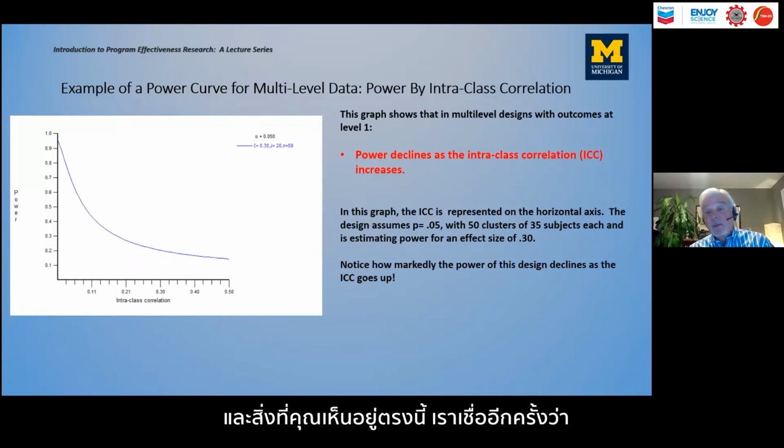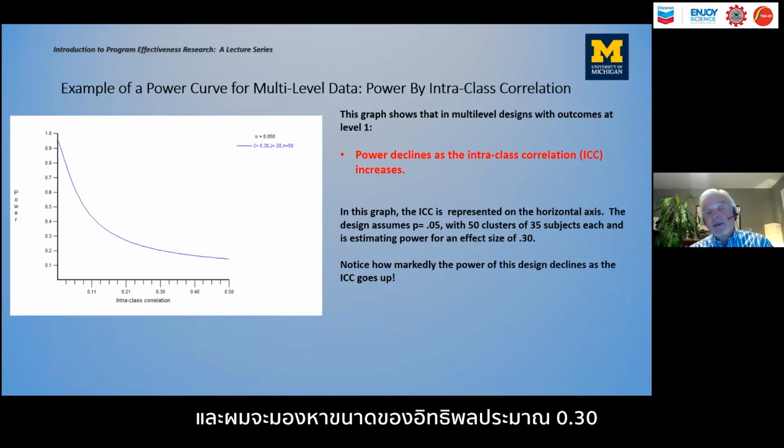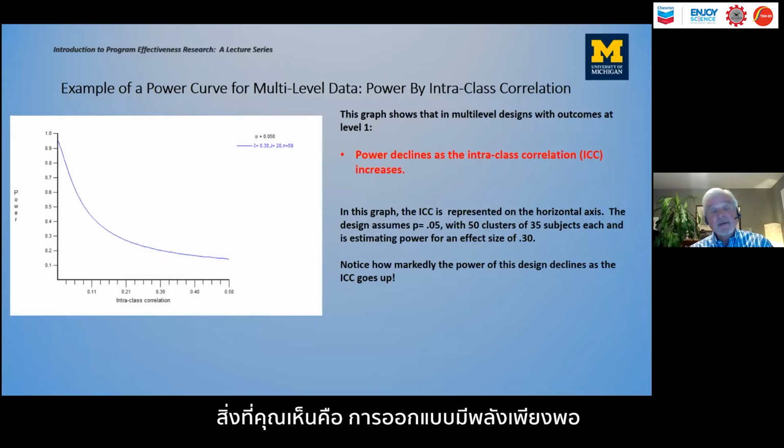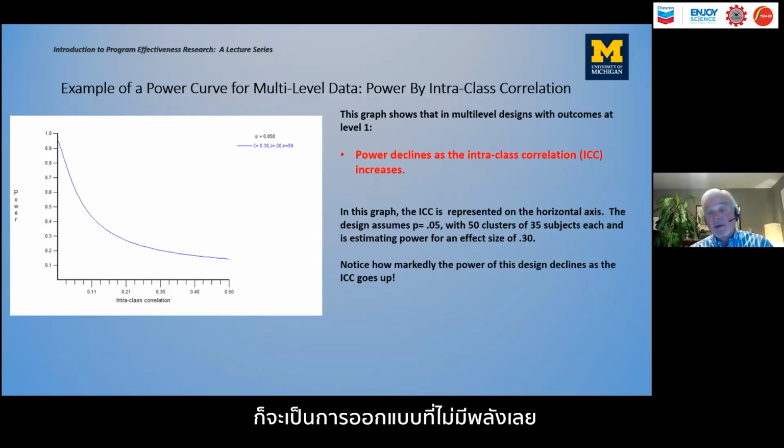Here I'm fixing alpha to be 0.05. I'm going to say, okay, I have 50 schools with 35 subjects each, and I'm going to look for an effect size of about 0.30. What you see is that design has sufficient power when there's very little variance among schools. But if there's a lot of variance in the outcome among schools, it's not a very powerful design at all. And so that's a very big concern.